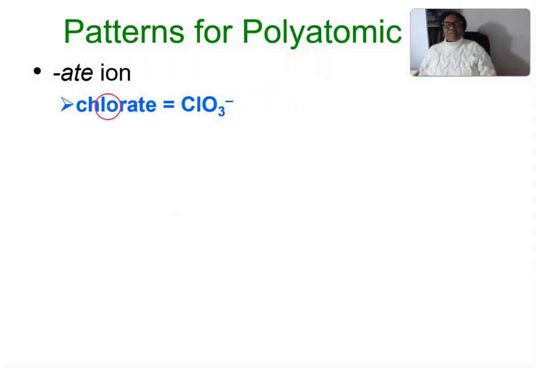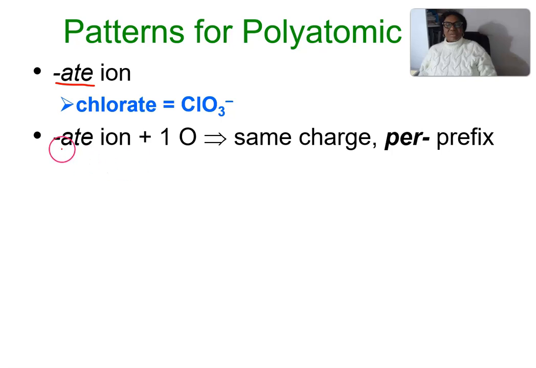Patterns of polyatomic ions. Chlorate ends with ATE. For the ATE ion plus 1 oxygen, same charge, you just add the prefix per. So if I add one oxygen atom here, the charge will still remain the same. So it will become ClO4 minus. So the name now, I'll add perchlorate.